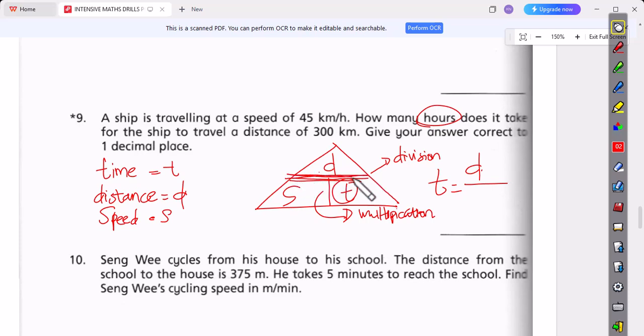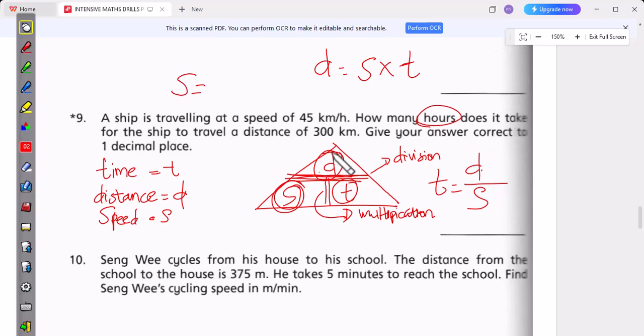If they ask for distance, use this one, which stands for multiplication: speed times time. And if they ask for speed, speed equals distance d divided by time. So here is the way how to use this triangle formula.